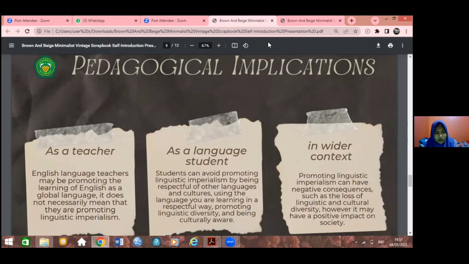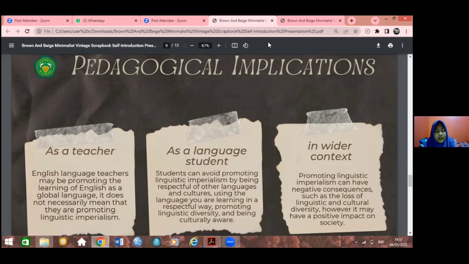As a teacher, English language teachers may be promoting the learning of English as a global language. It does not necessarily mean that they are promoting linguistic imperialism. It all depends on how English is being taught and used.